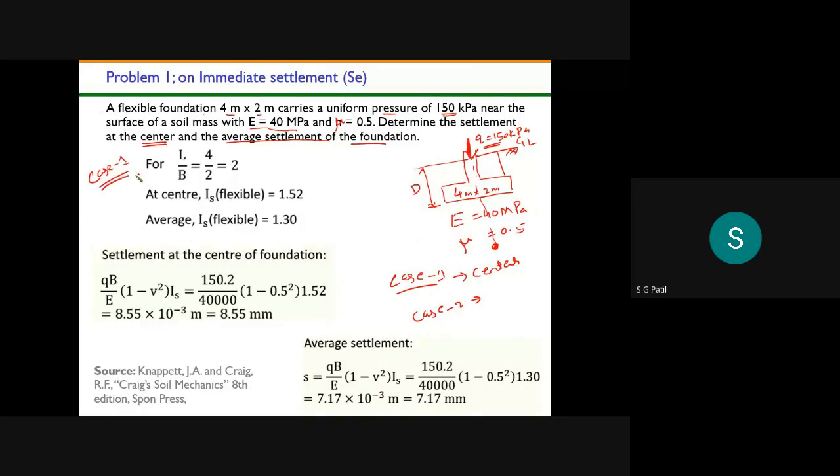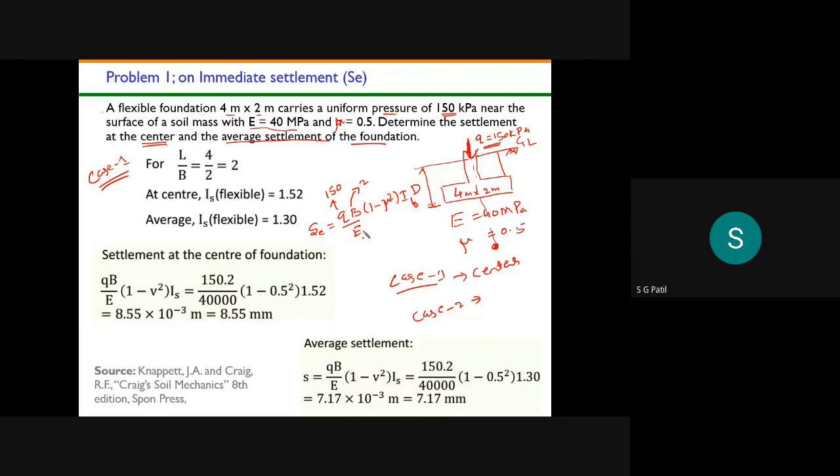For case one, what is the formula? If you remember, my elastic settlement is equal to Q into B divided by E into 1 minus mu square into the influence factor. Q is 150 kilopascal. The width of the footing is 2 meter.